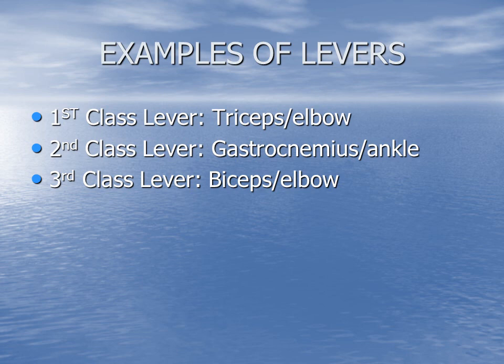Second-class lever example would be manual muscle testing of the gastrocnemius muscle at the ankle. And remember that the second-class lever would resemble a wheelbarrow. And recall that with a wheelbarrow you can carry hundreds and hundreds of pounds of load.